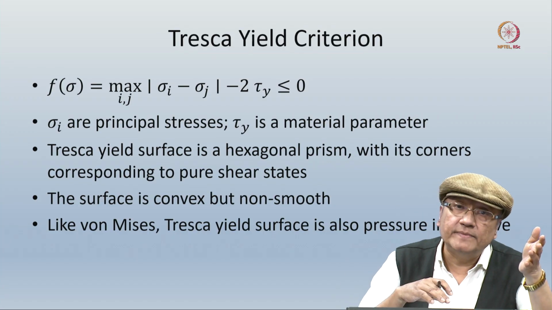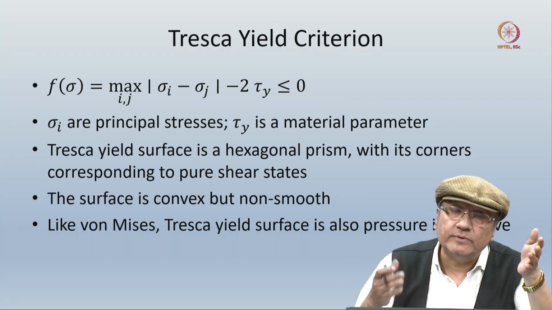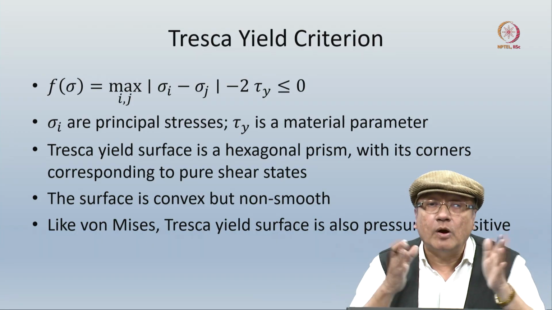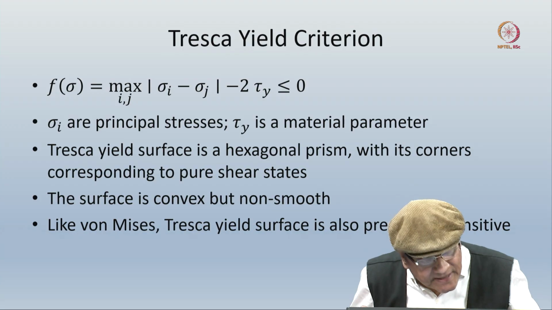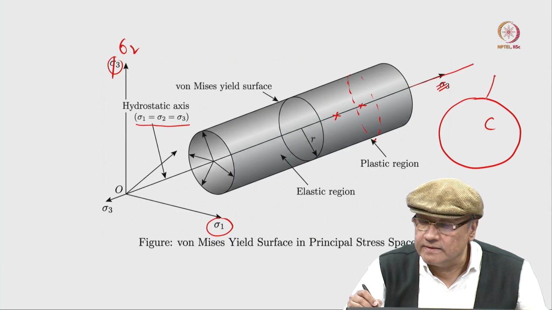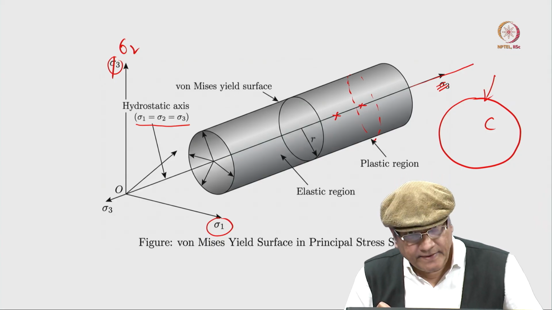You do one experiment, one mechanism will be active. You repeat the same experiment, and another mechanism may become active, because they are all competing with each other. In such cases a smooth yield surface as shown here will be inappropriate.